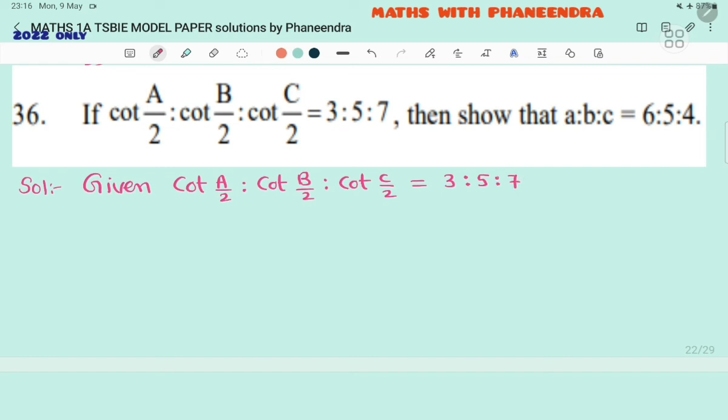The formulas for cot A by 2, cot B by 2, cot C by 2 you need to learn, dear students. Cot A by 2 means S into (S minus A) divided by delta is to S into (S minus B) divided by delta is to S into (S minus C) divided by delta, that is equal to 3 is to 5 is to 7.